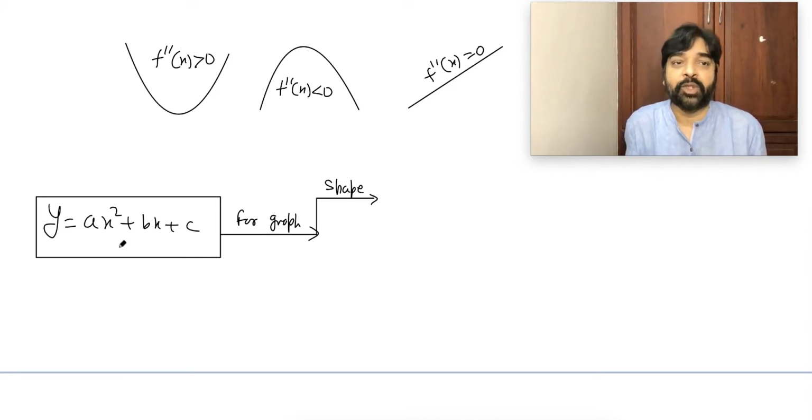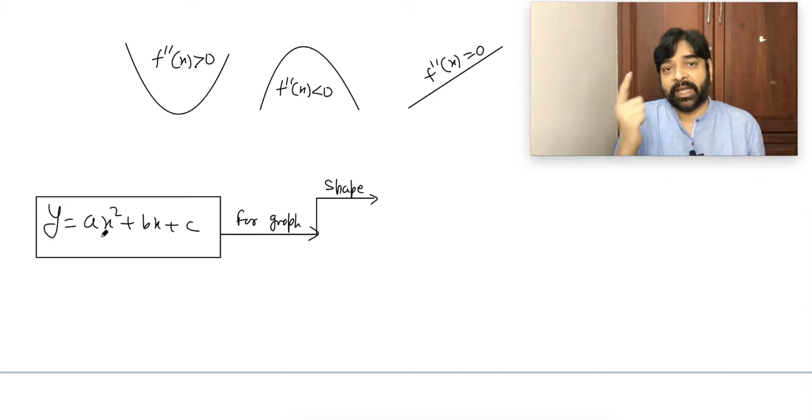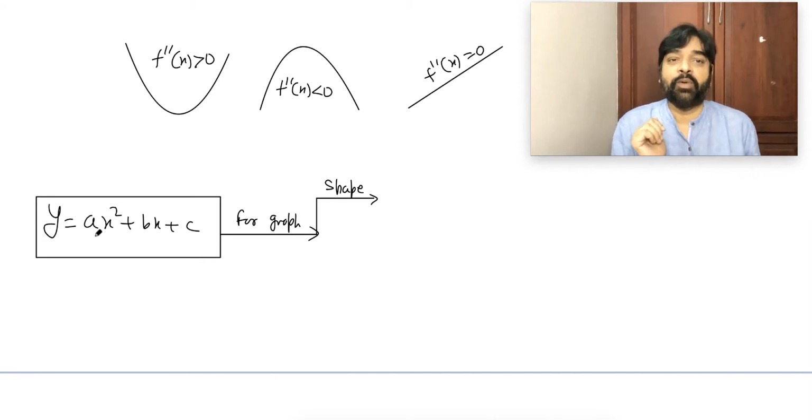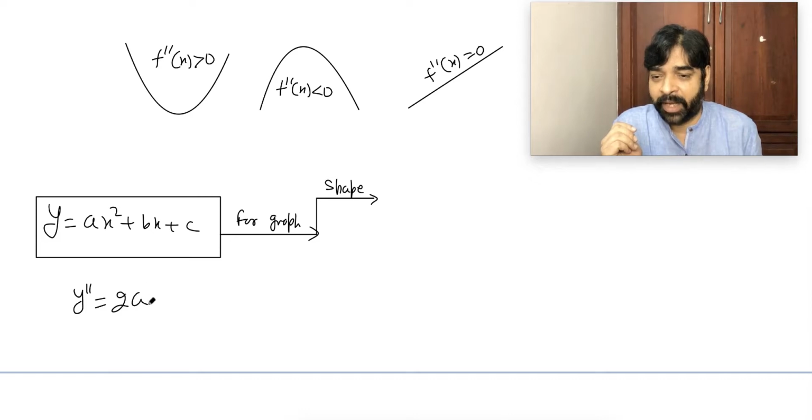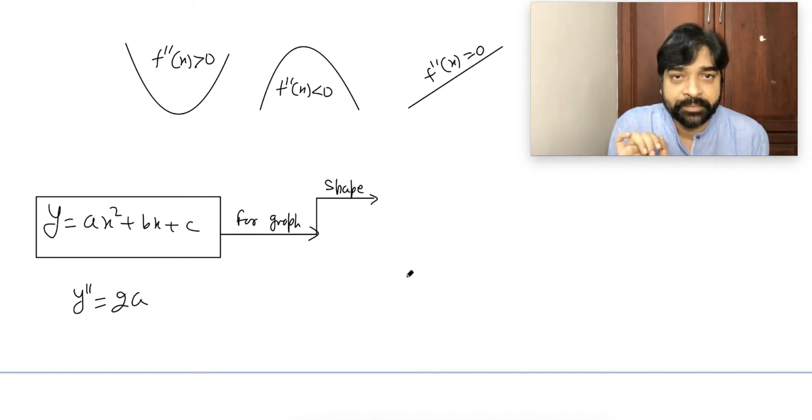Second derivative 2a. Second derivative 2a means the shape will be decided by a, and for a quadratic expression, a cannot be 0, which means the shape of this curve cannot be a straight line.